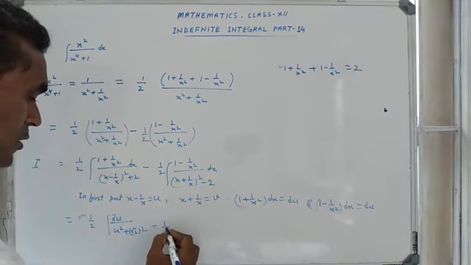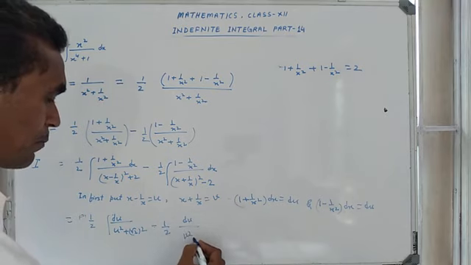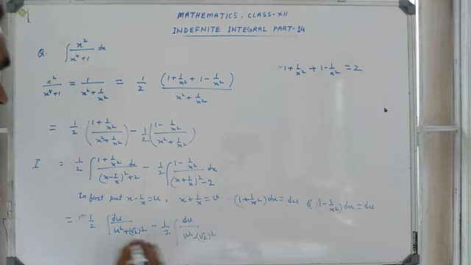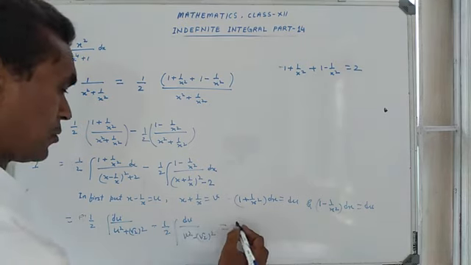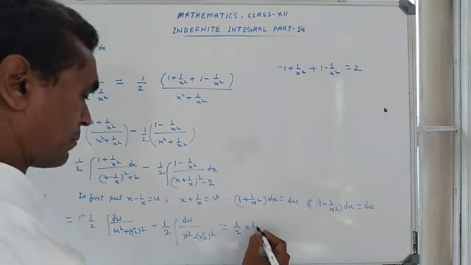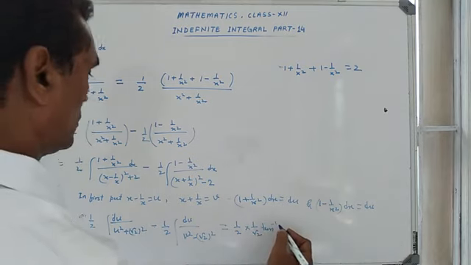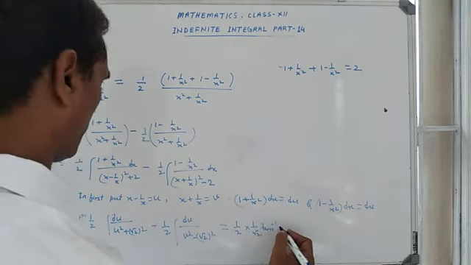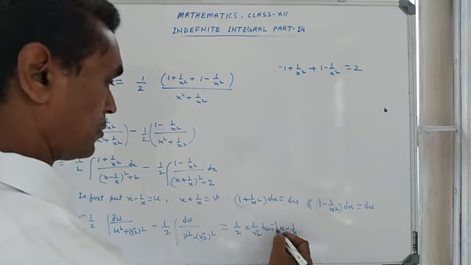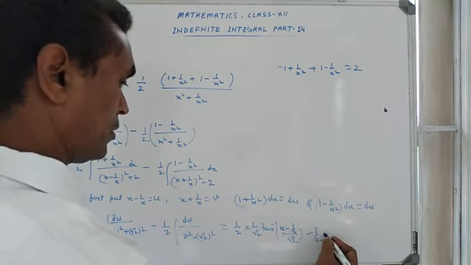So minus 1 by 2 and dv by v square minus root 2 whole square. After that we have the formula. So apply the formula. 1 by 2, 1 by a, 1 by root 2 and tan inverse x by a. x is here u, so you substitute the value of u here: x minus 1 by x by root 2, and minus 1 by 2 log.